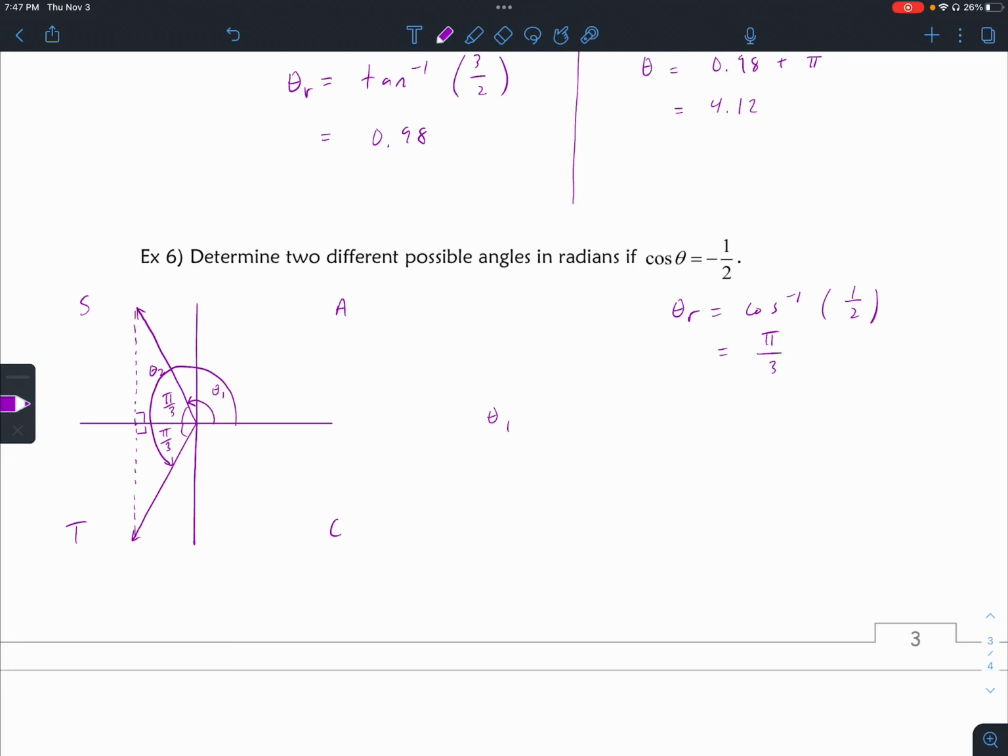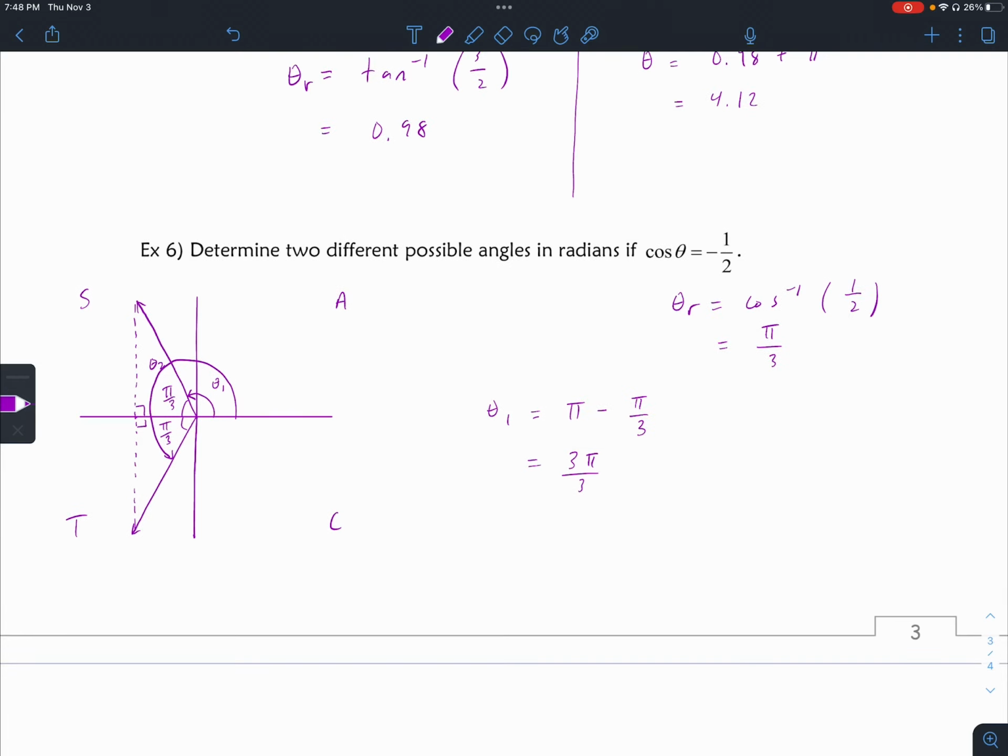So theta 1, in order to calculate it, we would do pi minus pi over 3, which is 3 pi over 3 minus pi over 3, which is 2 pi over 3.